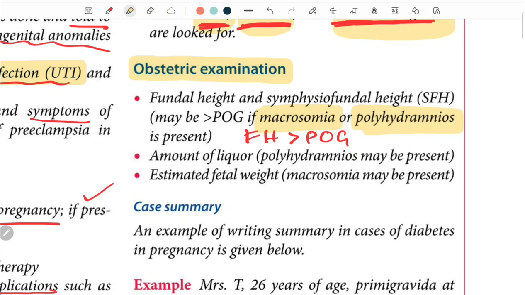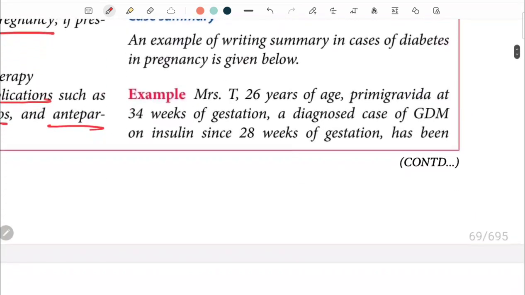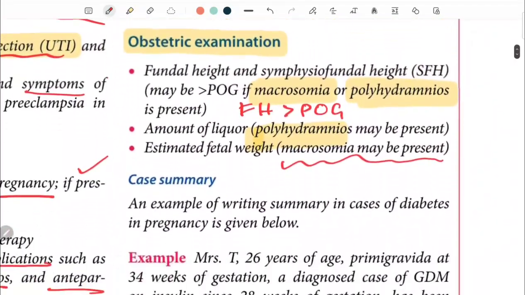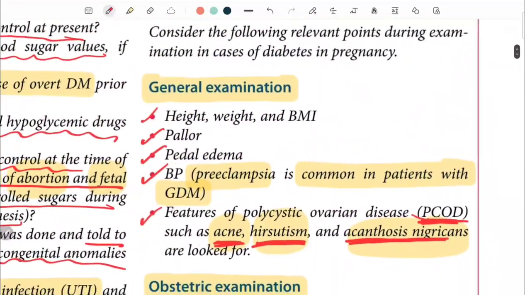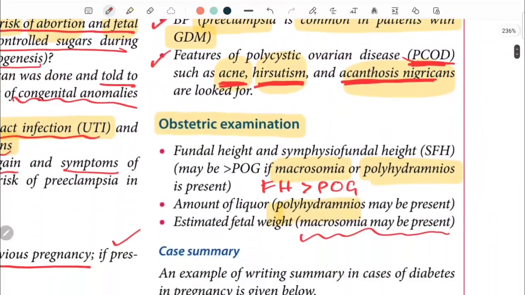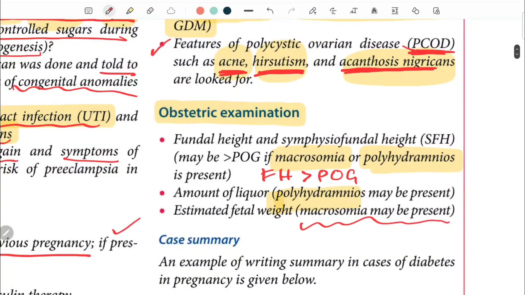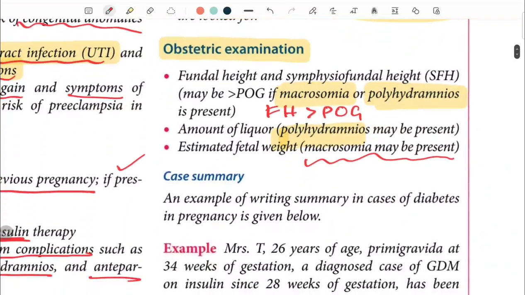If you look at the amount of liquor, polyhydramnios is going to be present, and estimated fetal weight is going to be more, that is, macrosomia will be present. So these are the importance of general examination and obstetric examination in case of GDM.